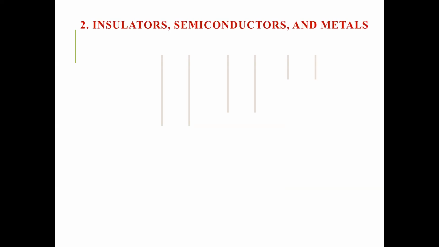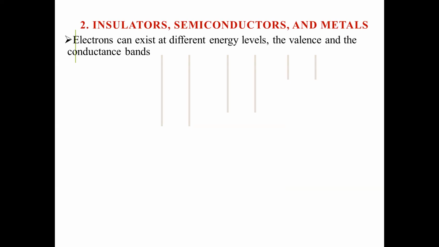So let's put a comparison between insulators, semiconductors and metals in terms of energy. Electrons can exist at different energy levels, right? Those shells are at different energy levels, but there is what we call a valence band. This deals with the number of electrons required to make it stable.